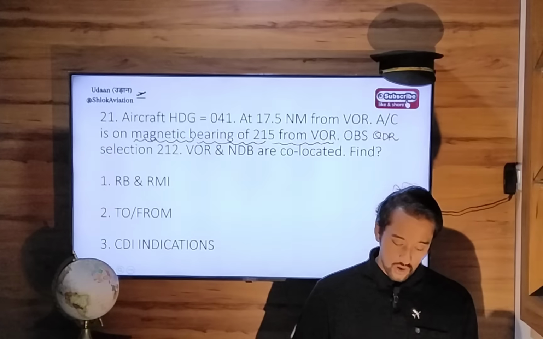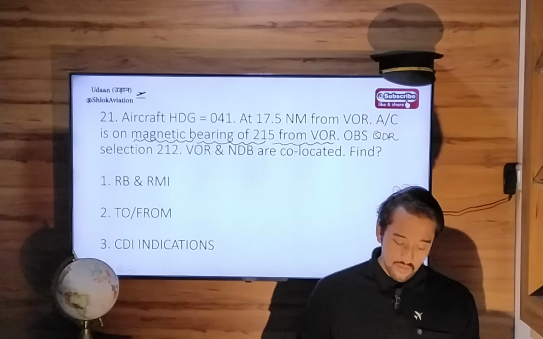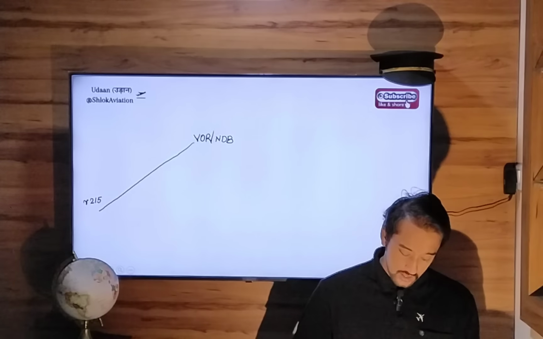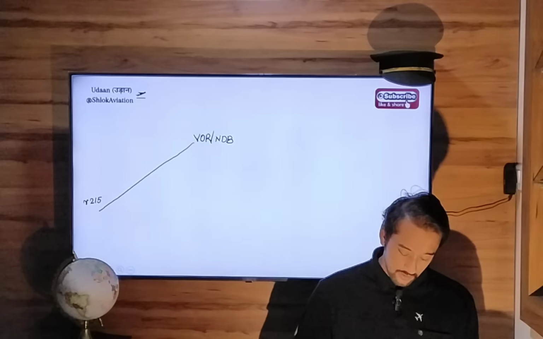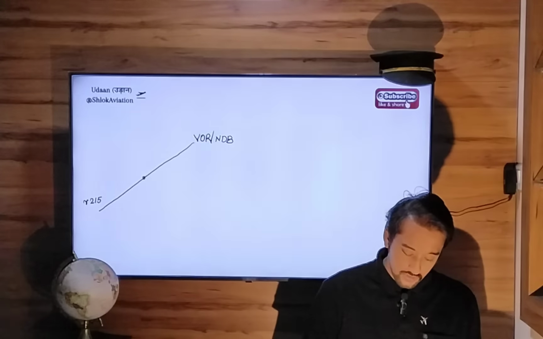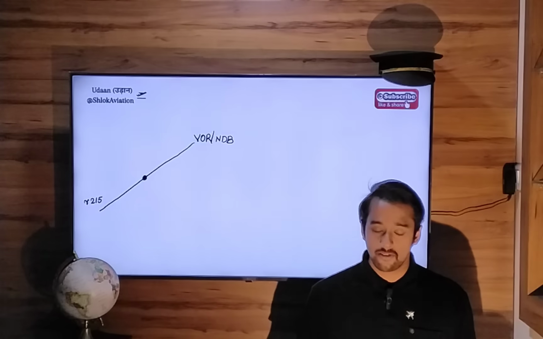OBS selection is 212. But currently you are on radial 215, let's say somewhere here. We will see if we are approaching the station or flying away from it.